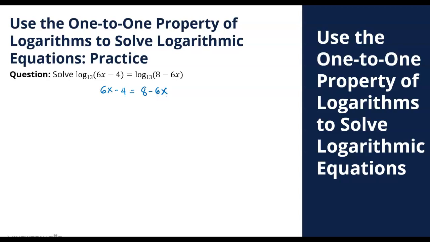From here we can solve for x. We can isolate x by adding 6x on both sides. So I'll add 6x here. That gives me negative 4. 6x plus 6x is 12x, minus 4 equal to 8.